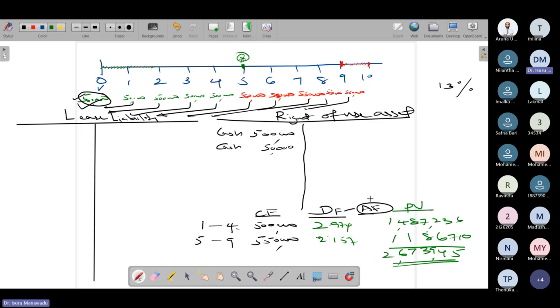Right. So what's the double entry for this? Lease liability, sorry, right of use as a debit. Write the double entry, please.